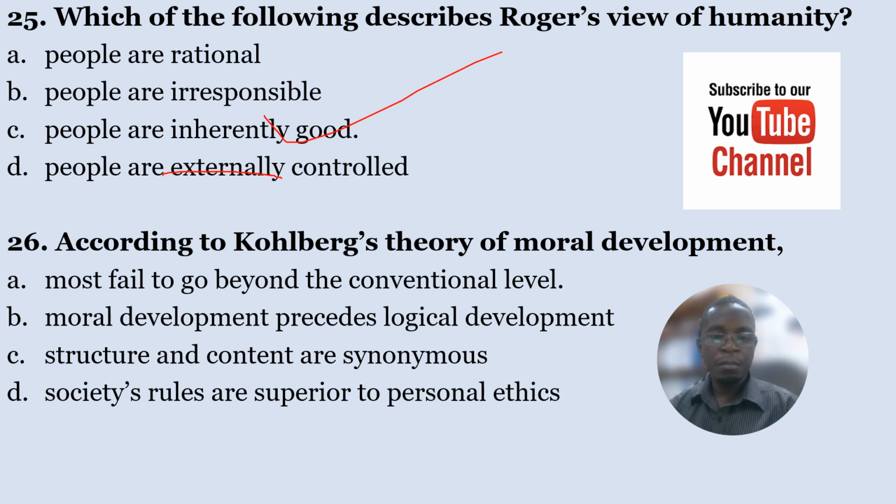Number 26, according to Kohlberg's theory of moral development, A, most fail to go beyond the conventional level. B, moral development precedes logical development. C, structure and content are synchronous. D, society's rules are superior to personal ethics. The correct answer here is A. Most individuals fail to go beyond the conventional level.